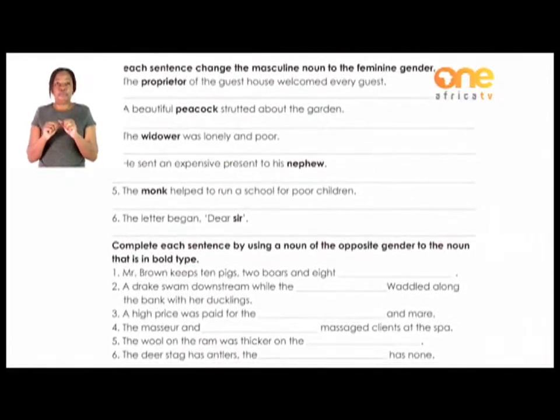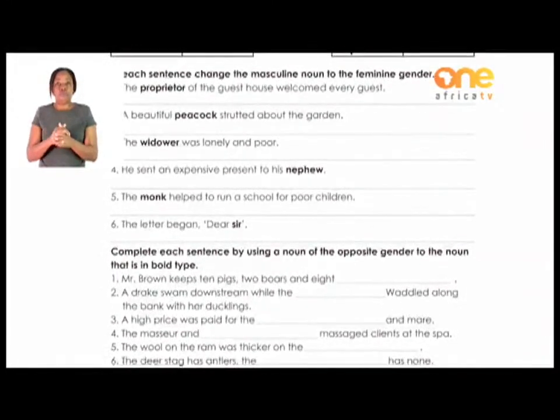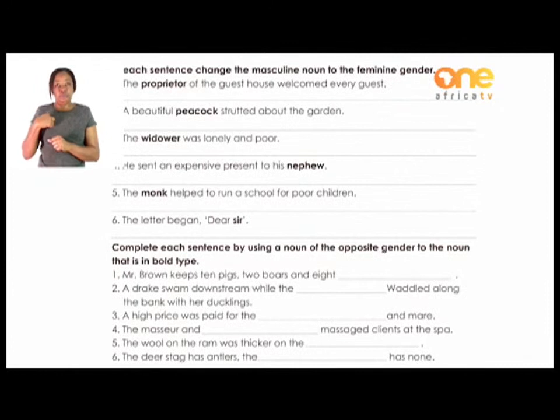The next exercise, the genders are put in the sentences. All right. Okay. So let's try the first one, and then you are going to do the rest. I want you to search for me all the words which are in bold. The words which are in bold represent genders, and you have to change that gender to the opposite gender.